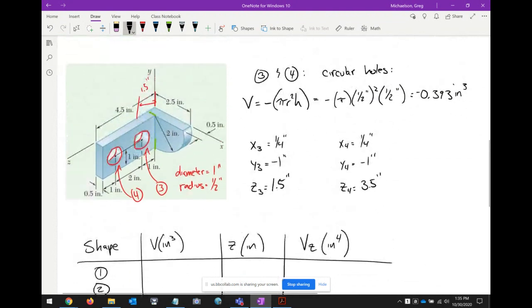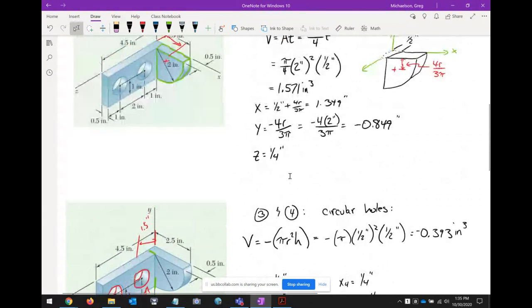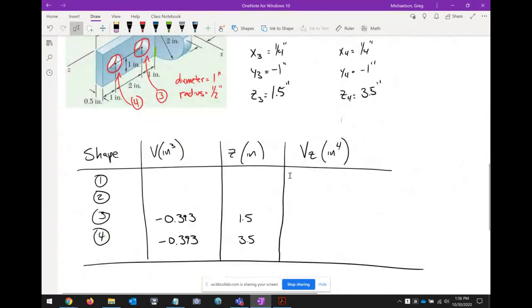So this is negative 0.393, negative 0.393. So remember, those volumes are negative because those are the holes, and then I got the Z's from here and here. So I'm just going through and writing down everything. So let me scroll up to 2. 2 was 1/4 inch and 1.571.